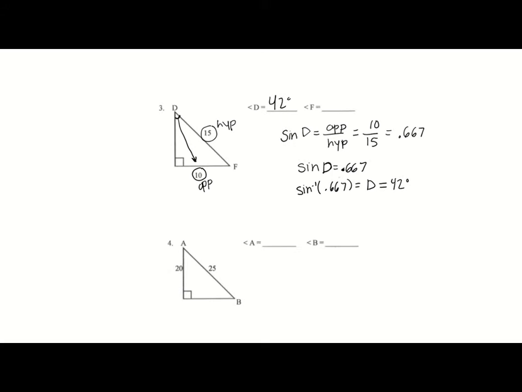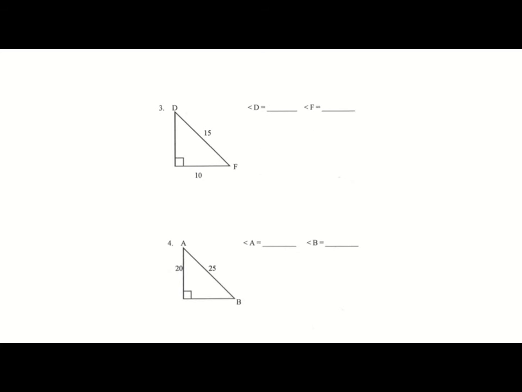And now that I know two angles inside my triangle, this is 90 and this is 42, I can take 180 minus 90 and minus 42, which gives me about, not 58, 48 degrees left for angle F. So I can either just subtract, because I know that there's 180 inside my triangle, or I could try and set up the same trig ratios to find angle F, but this for me is a little faster. I just subtract from 180 and I can get my last angle.